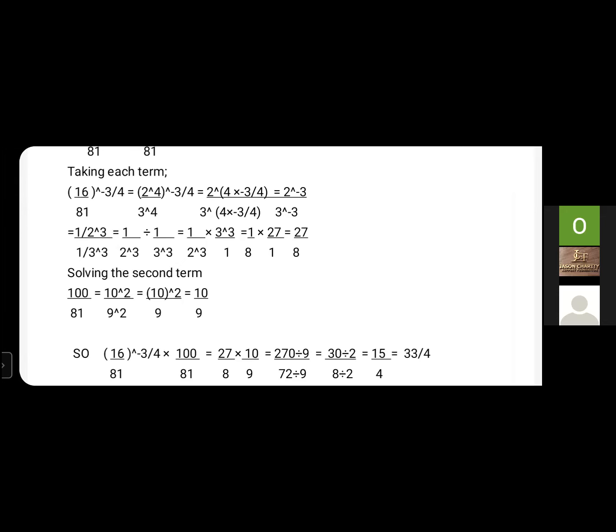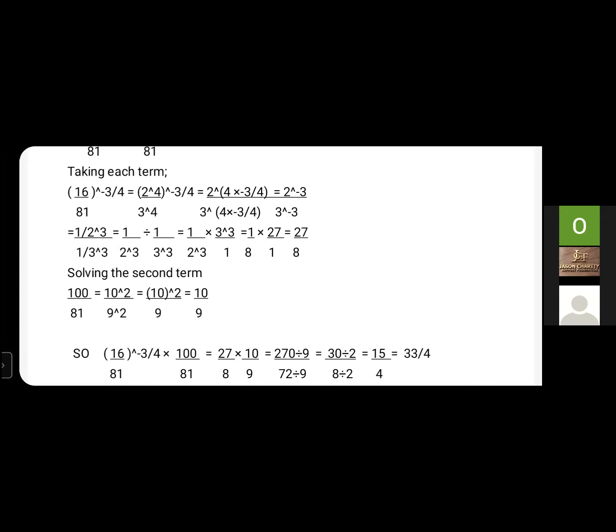So if we break this down, we have it as 2 raised to the power of 4, bracket of 2 raised to the power of 4, close bracket, to the power of minus 3 over 4. And then we have the denominator as 3 raised to the power of 4 in brackets. When you close the brackets, we have to the power of minus 3 over 4.